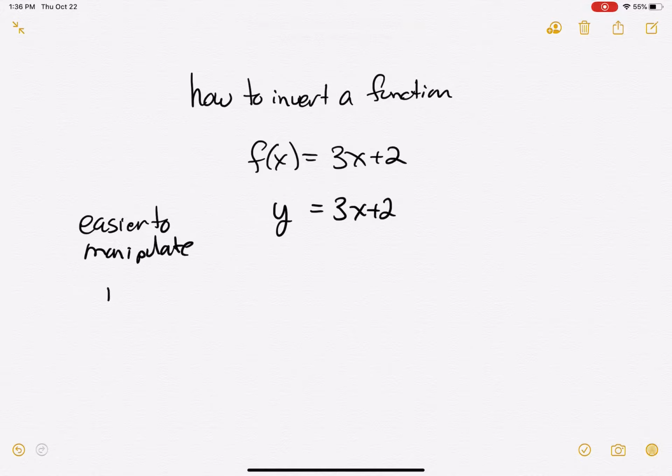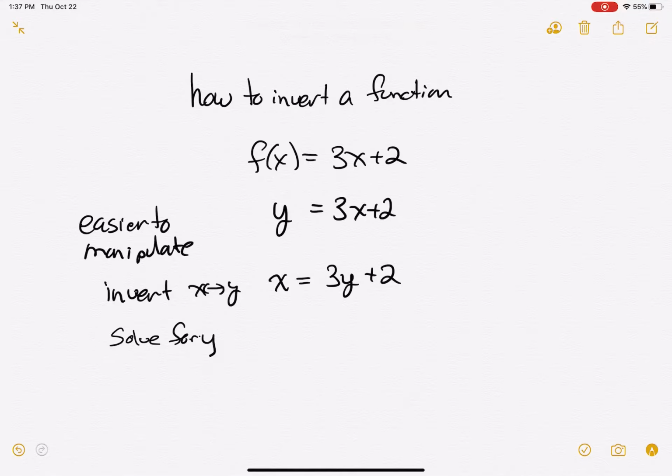Then to actually invert, you switch your x and your y. And then you want to solve for y. So I'm going to subtract 2 from both sides.